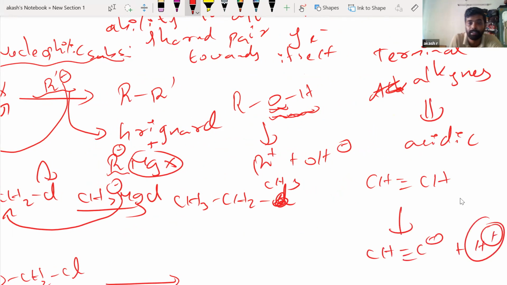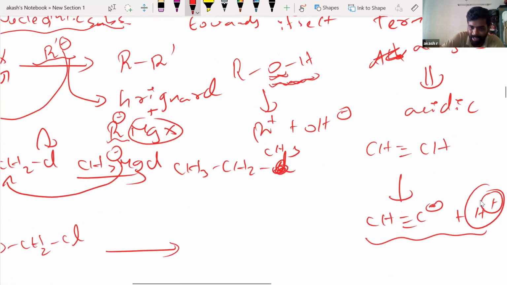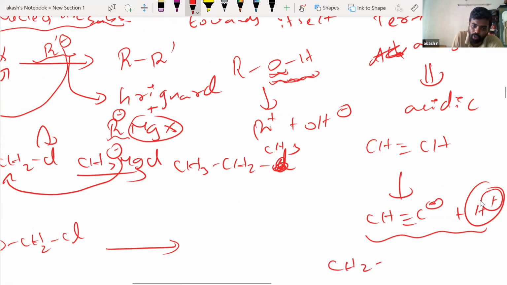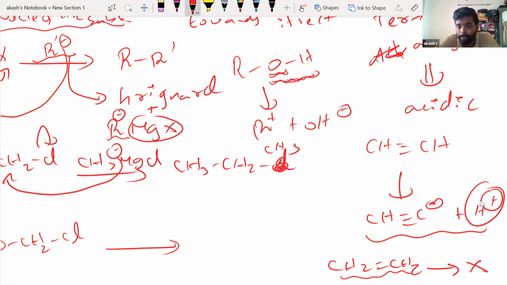It is capable of giving me this H plus, right? Fine. I can ask you a question, but I really don't want to waste time. Okay, I'll ask you this question. Why is it that this is possible? And why is it that when I have CH2 double bond CH2, this will not happen? Why does it happen in alkyne? Why does it not happen in alkene or alkane for that matter? Why?